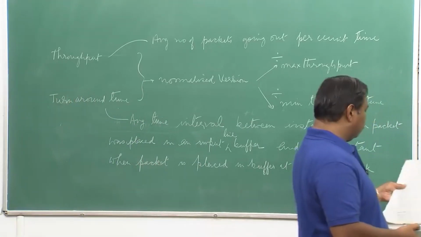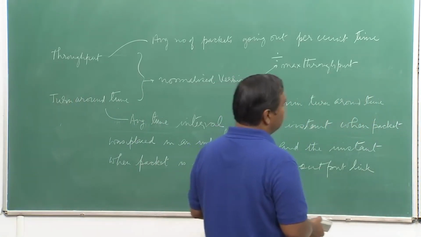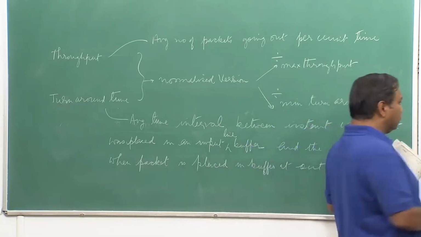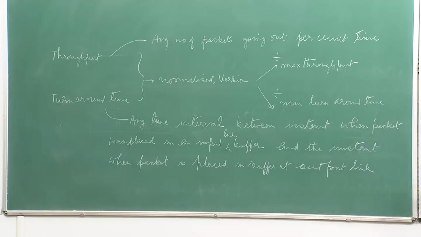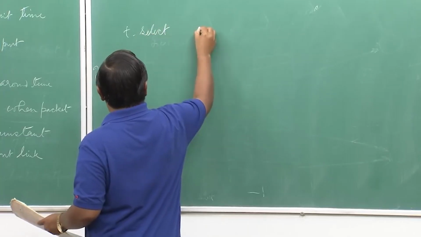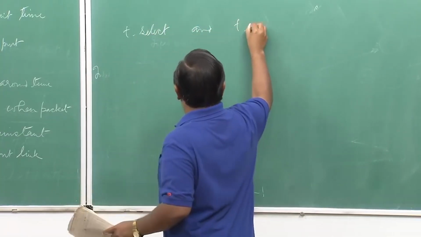Now, for doing further analysis, I can take two assumptions, and under each one of these assumptions I can do the analysis. So let us do that. One of the assumptions is that there is a choice about what I do about the T select and T pass.